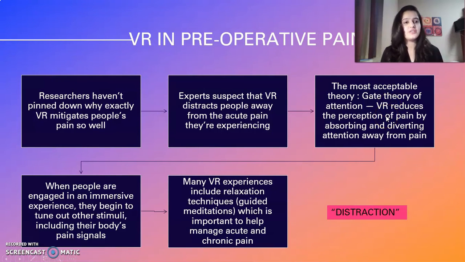It postulates that the VR reduces the perception of pain by absorbing and diverting patients' attention away from the pain. Now, when people are engaged in an immersive experience, they begin to tune out other stimuli, including their body's pain signals. Thus, many VR experiences also include relaxation techniques like meditations, which is important to manage pain. So all this comes towards the principle of distraction.